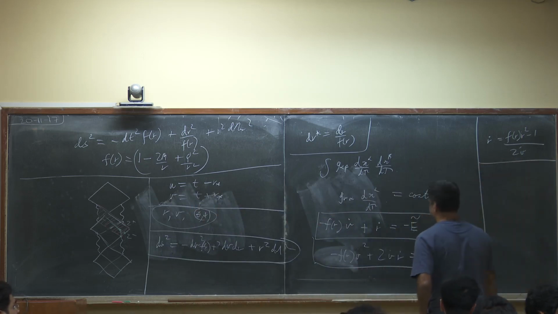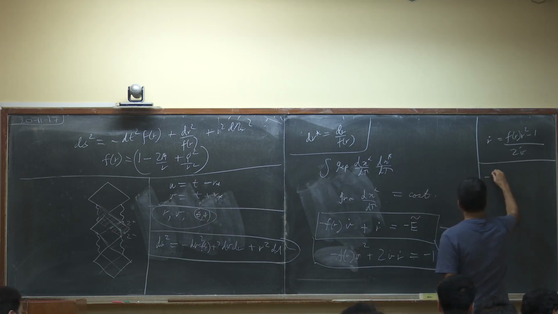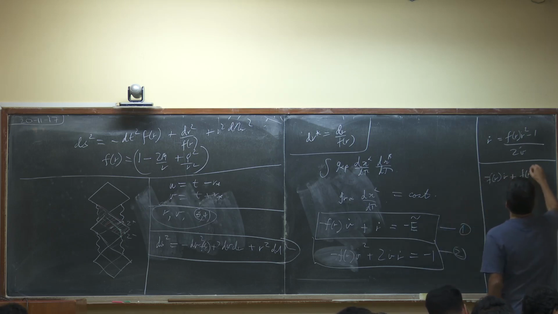So we get minus f(r) v dot plus (f(r) v dot squared minus 1) divided by 2 v dot is equal to minus E tilde.